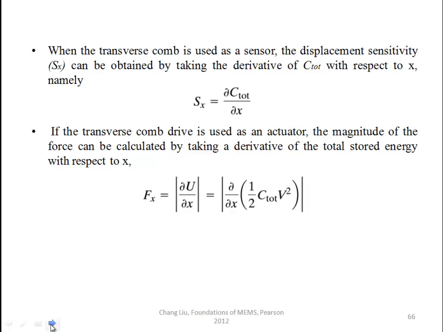Again, we can use this transverse comb drive as an actuator. Then the magnitude of force can be written as Fx equals dou U by dou x, and we can replace this U using the equation half C total into V square.